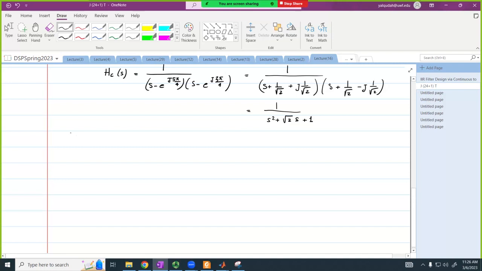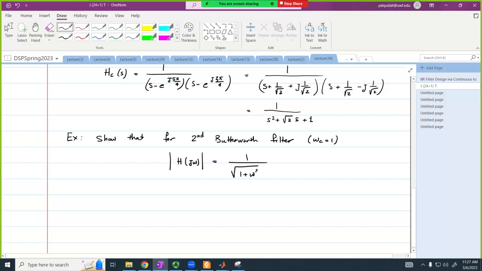Now we can show that for a second order Butterworth filter, assuming omega cutoff is equal to 1, the magnitude of h of j omega is equal to 1 over square root of 1 plus omega to the power of 2 multiplied by 2, given that h of s is equal to 1 over s squared plus square root of 2 multiplied by s plus 1.